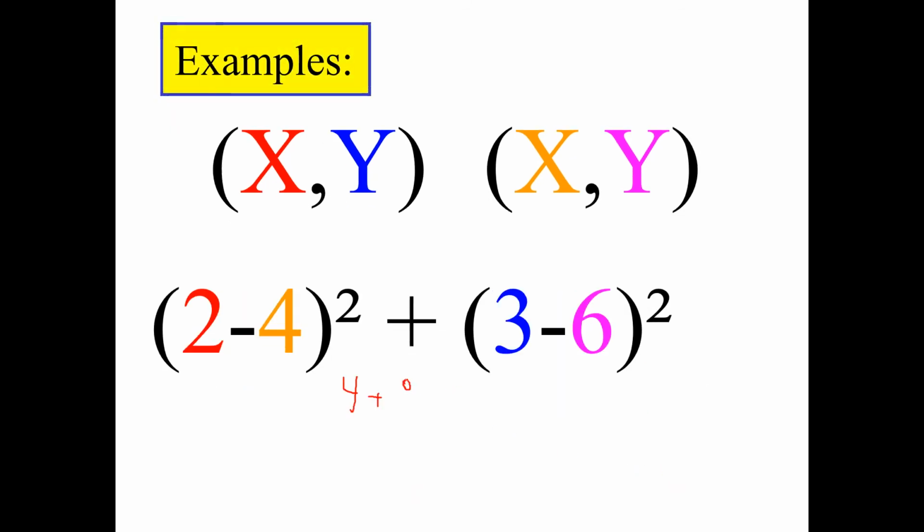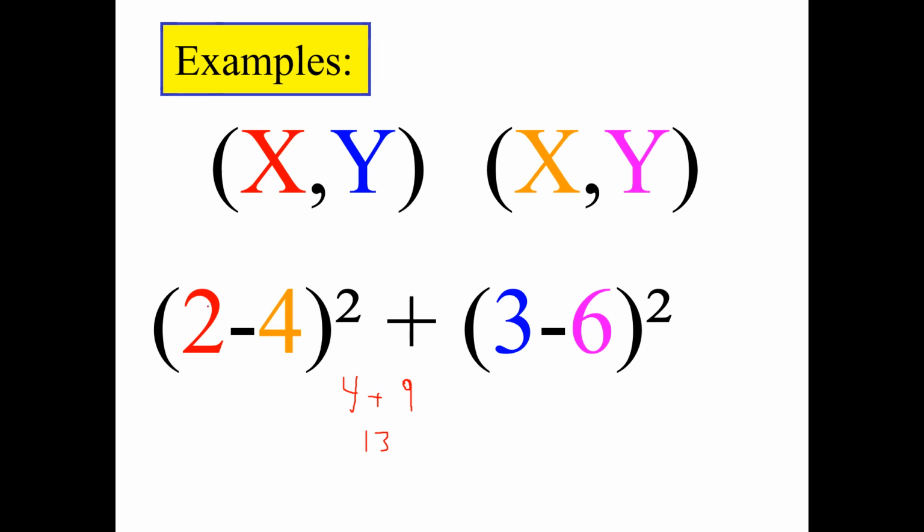So I can say that's 4 plus 9. Well, what's 4 plus 9? 13. Now, admittedly, this example doesn't work out as neatly as I had thought it was going to originally, but that's okay. So we found that all of this right here can be simplified into 13.